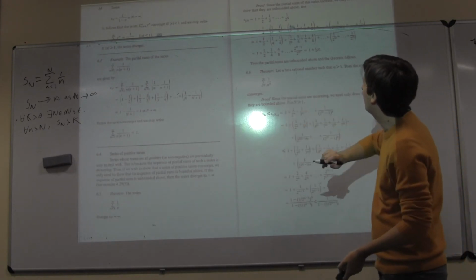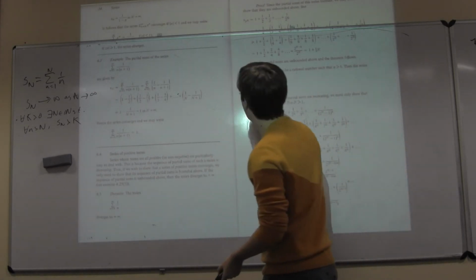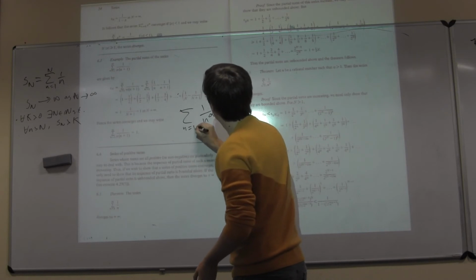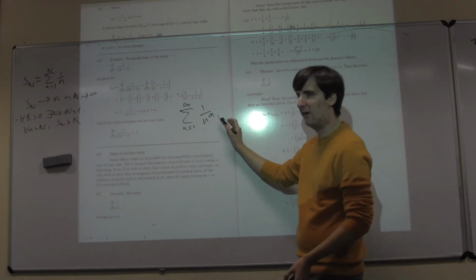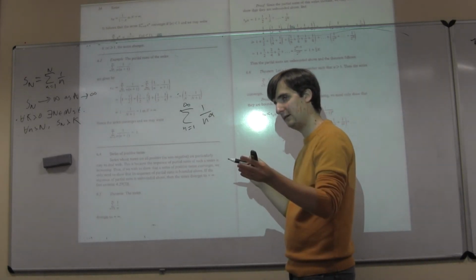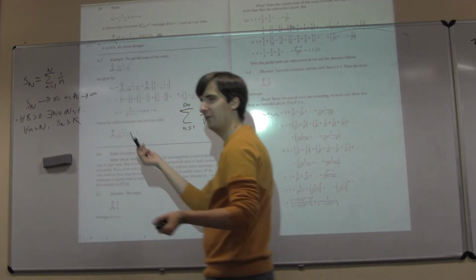This theorem we won't go through. It's a related one. If you've got the sum of 1 over n to the power of alpha, this is going to converge providing alpha is bigger than 1. If alpha is equal to 1, we showed it didn't converge. But if alpha is just a tiny bit bigger than 1, then it will converge.